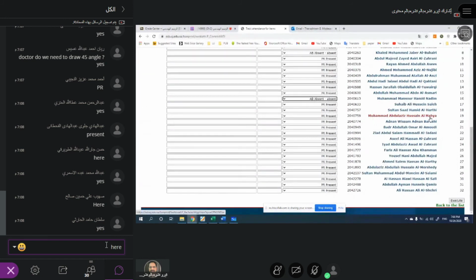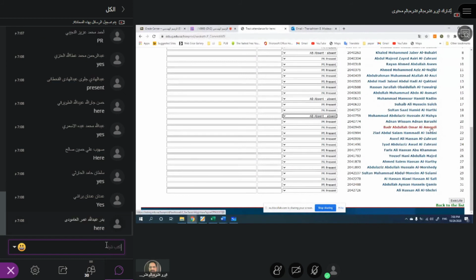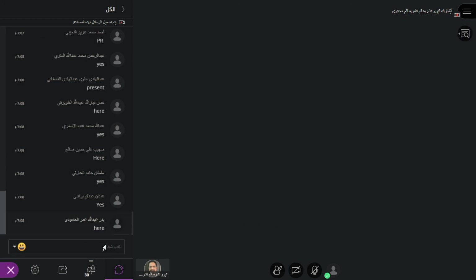Muhammad Abdulaziz. Adnan Bisam Adnan. Badr Abdullah Omar. Ziyad Abdul Salam. Asil Ali Hassan Al Zahrani. Iyad Abdulaziz Awad Al Zahrani. Faris Ali Hassan. Yusuf Khani Abdullah Majid.